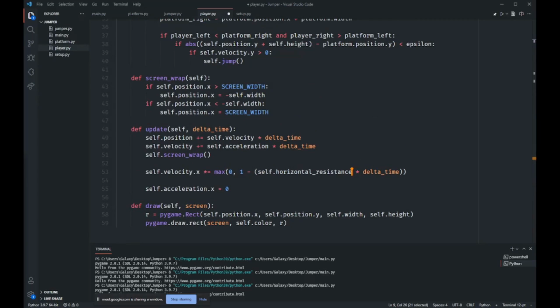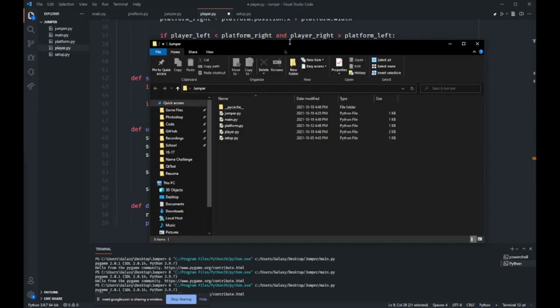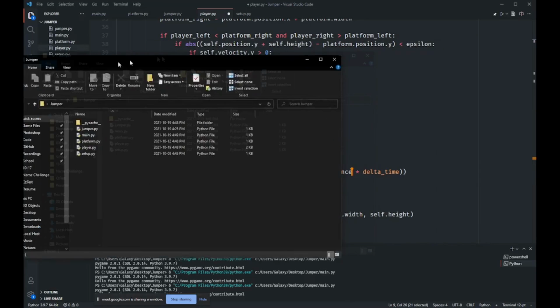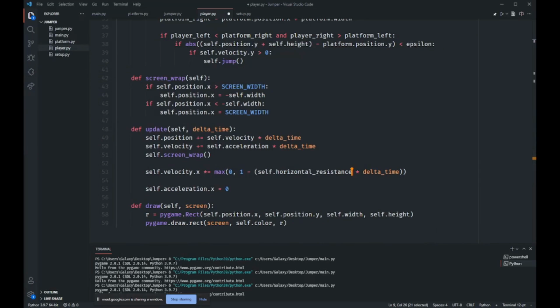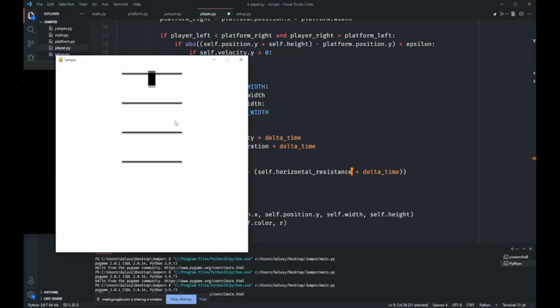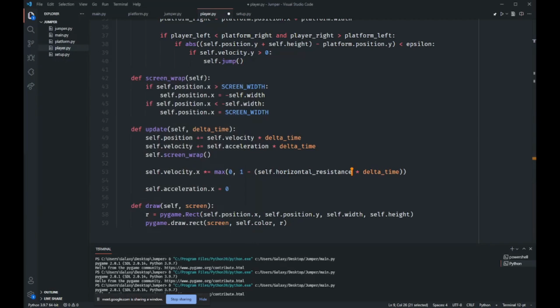I'm going to open up what the final result should be. If I run the other version, this is moving a lot more like what it should be.